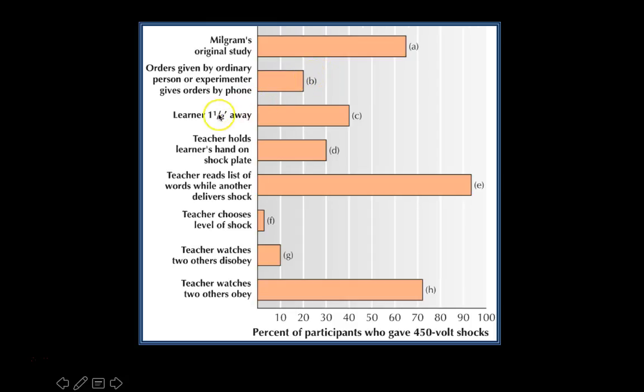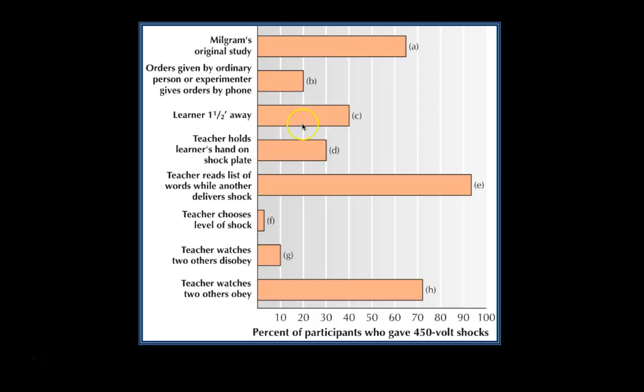If the learner was placed close to, actually in sight of, the teacher, you get a reduction of obedience down to about 40%. But we're still talking about 40% of the people shocking all the way to 450 volts when they can see this, of course acted out, suffering and pain that they were causing.